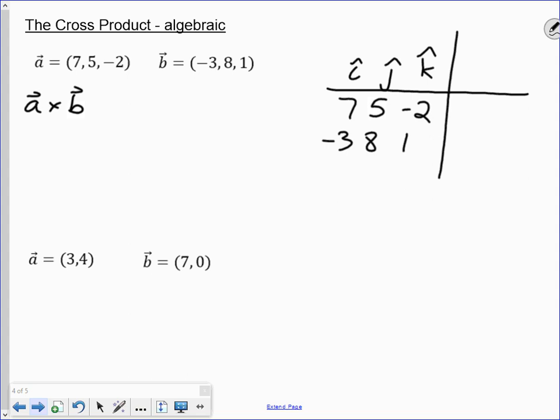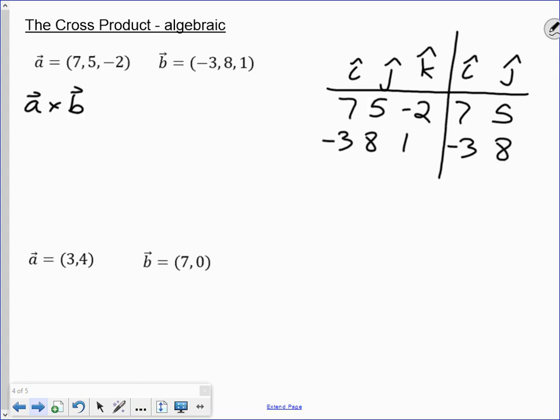Then I'm going to add another copy of my i column and my j column. So my i is 7, and my j is 5. And then for my second vector B, my i is -3, and my j is 8.